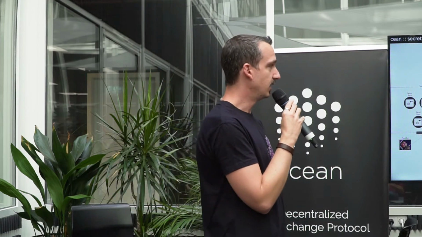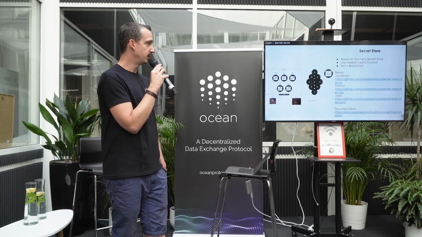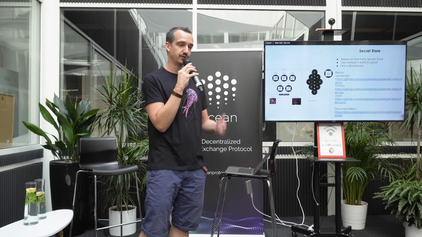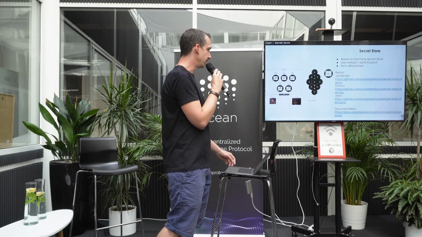The secret store is not a blockchain, but it's a distributed system to store keys and to retrieve keys, of course. And again, we have different implementations in different languages to support the different tool sets of JavaScript, Python, and Java.